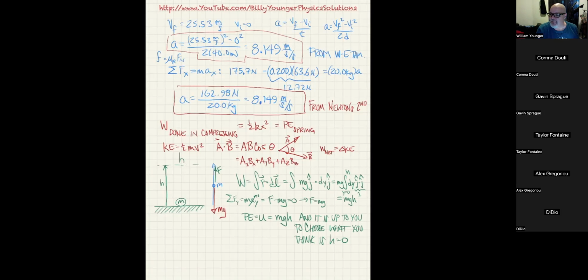Well, in the case of the person outside, they saw it go from 5 meters to 3 meters. So they'd say it is 3 meters times mg minus 5 meters times mg, which again will be -2 meters times mg.